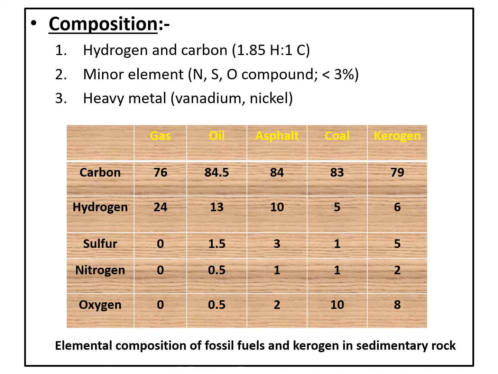So as we go across from gas to kerogen, there is a marked decrease in hydrogen and a corresponding increase in sulfur, nitrogen, and oxygen relative to the carbon content. You have to remember that the quality of petroleum generated is determined mainly by the hydrogen content of the kerogens.